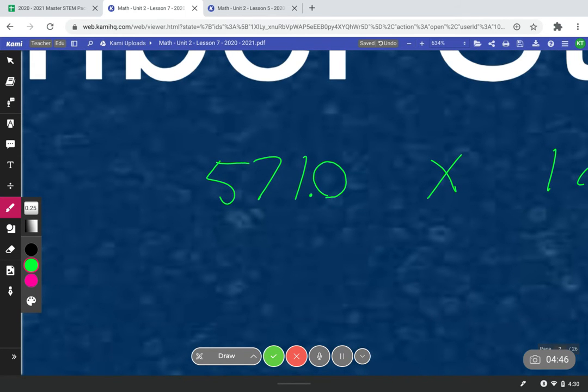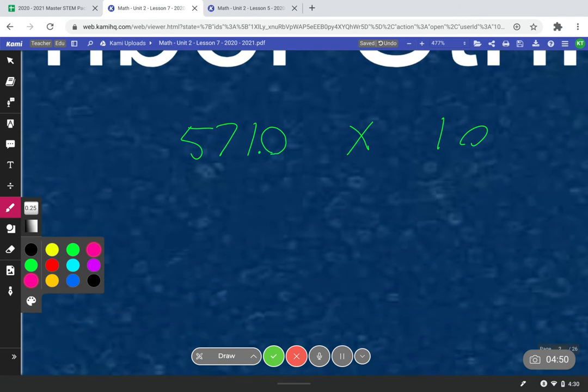So when I increase my place value, what that means is that my number is getting bigger.